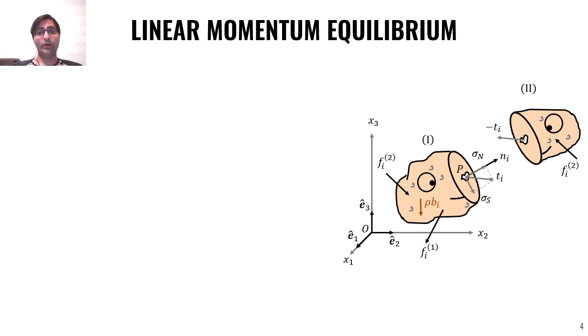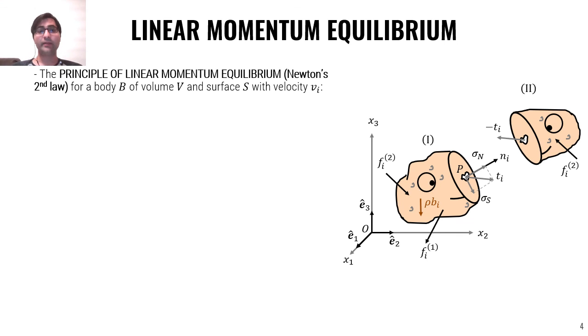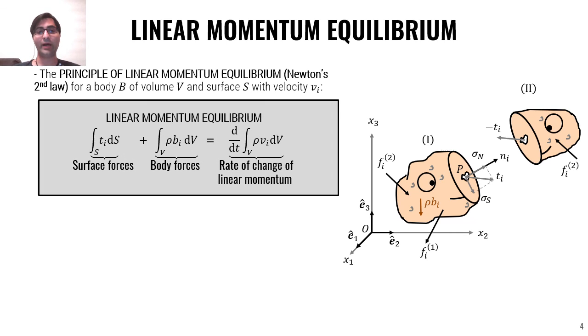Linear momentum equilibrium. The principle of linear momentum equilibrium is basically Newton's second law. For a body B with volume V and surface S and velocity v, we can write linear momentum equilibrium as surface forces plus body forces becomes equal to rate of change of linear momentum.